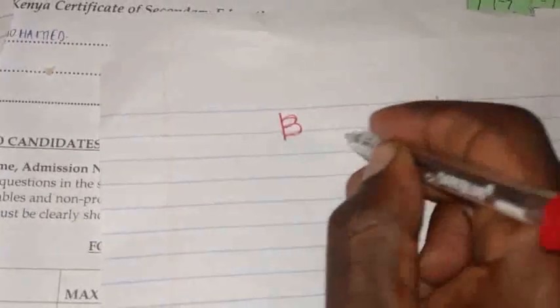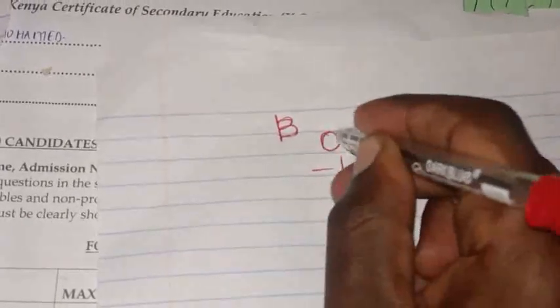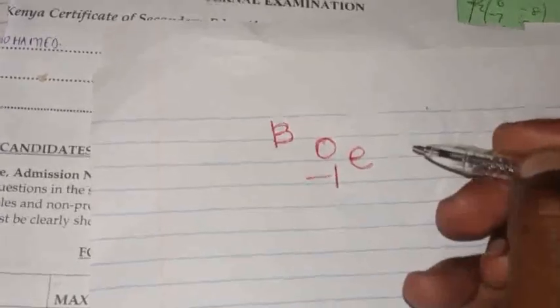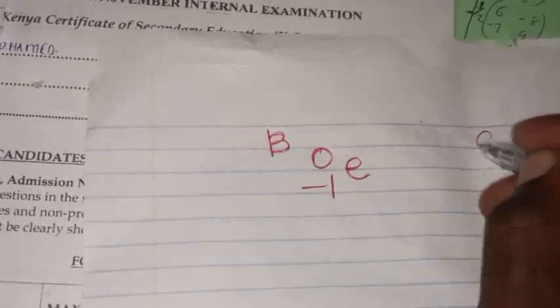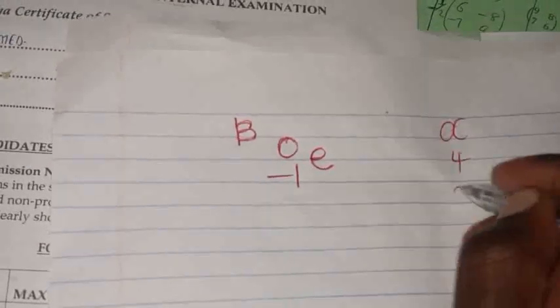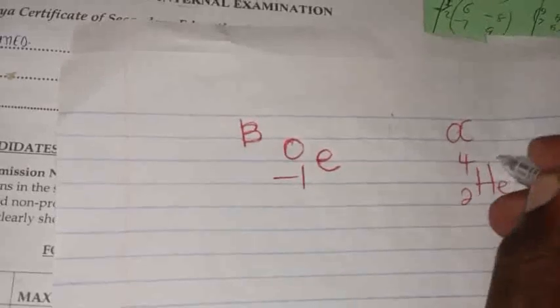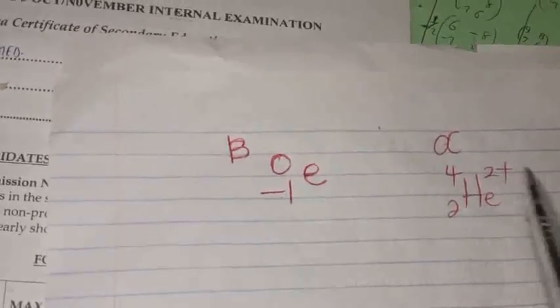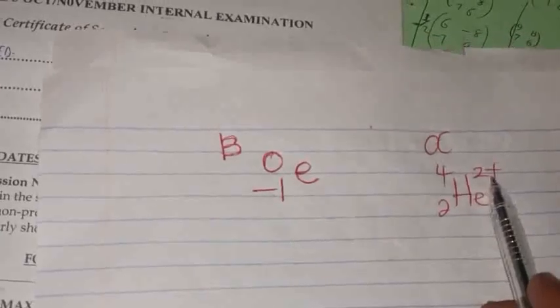Coming back to the beta particles, just to proceed from where we had left, we've said a beta particle is an electron that has no mass number, but it has a negative charge. If you compare this with an alpha particle, which is a helium nuclide, you'll realize that a beta particle has a smaller charge, but an alpha particle has a bigger charge.